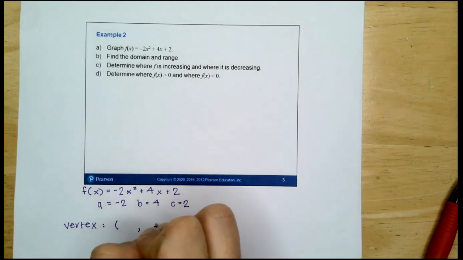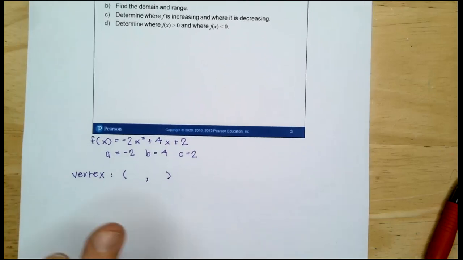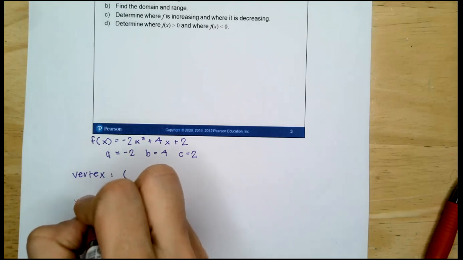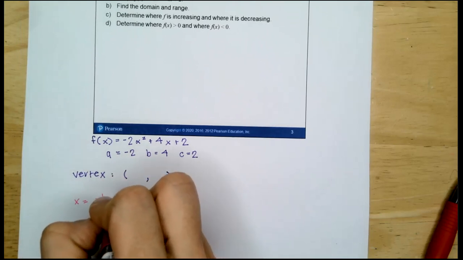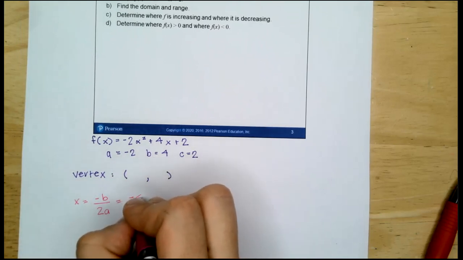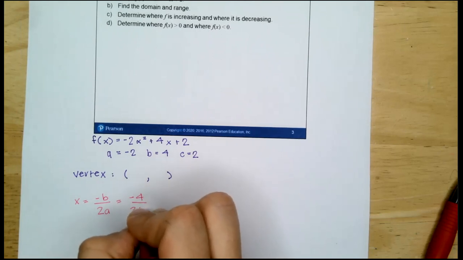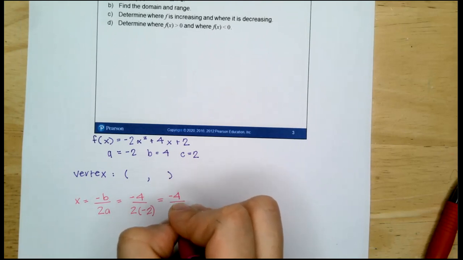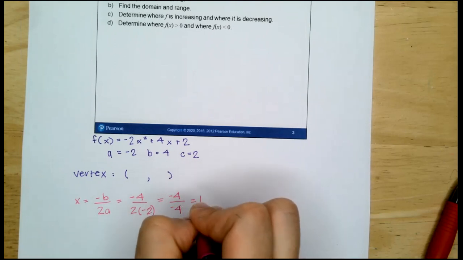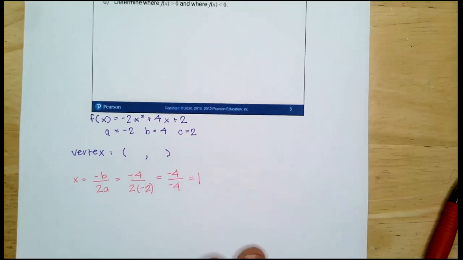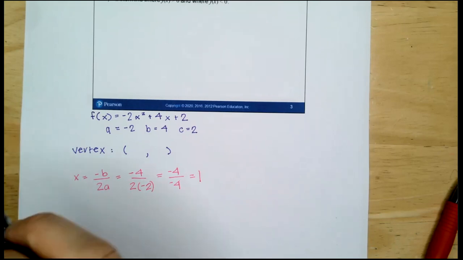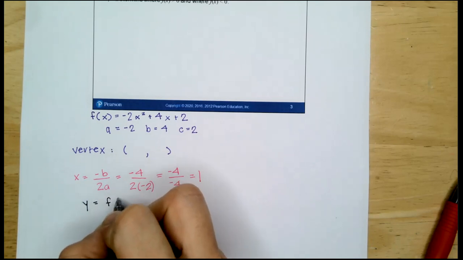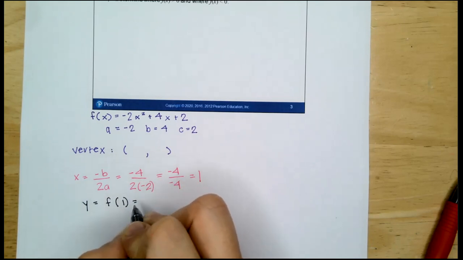Okay. Vertex. We have an x, and then we have a y, right? X is negative b over 2a. In this case, b is 4, so it's negative 4 over 2 times negative 2. Negative 4 over negative 4 is just 1. And then my y is just going to be f of 1.